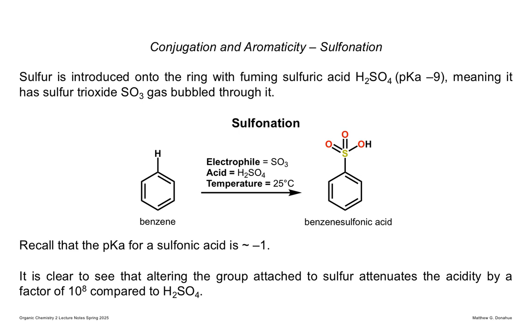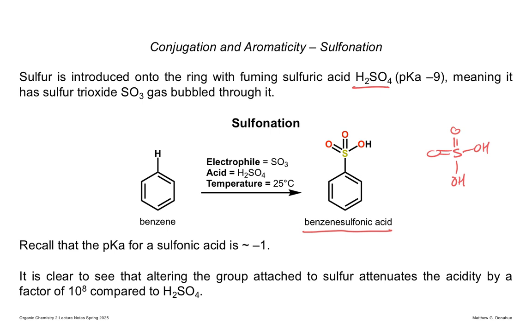What about sulfur? So sulfonylation makes this functional group here called a benzene sulfonic acid. And we all know H2SO4 is sulfuric acid. So that's the Lewis dot structure of sulfuric acid. A benzene sulfonic acid is like the organic version of that.